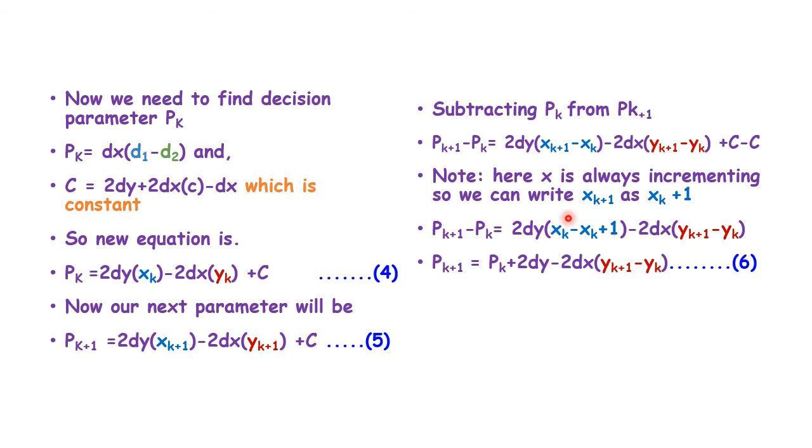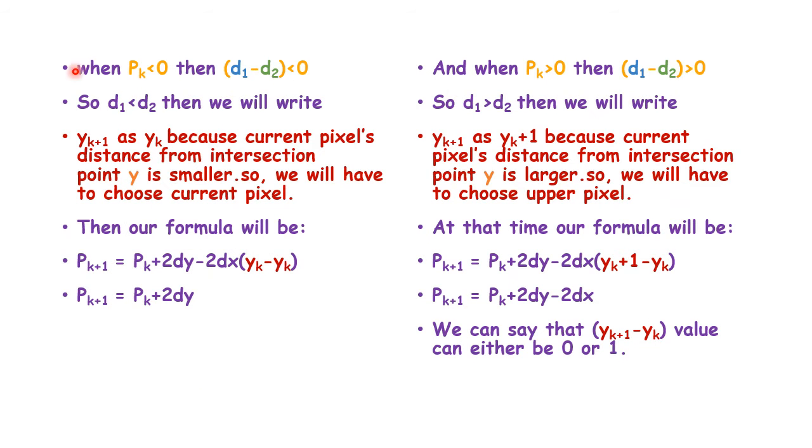Here xk gets cancelled, so the equation becomes pk plus 1 is equal to pk plus 2 dy minus 2 dx in bracket yk plus 1 minus yk, and let's call it the sixth equation.